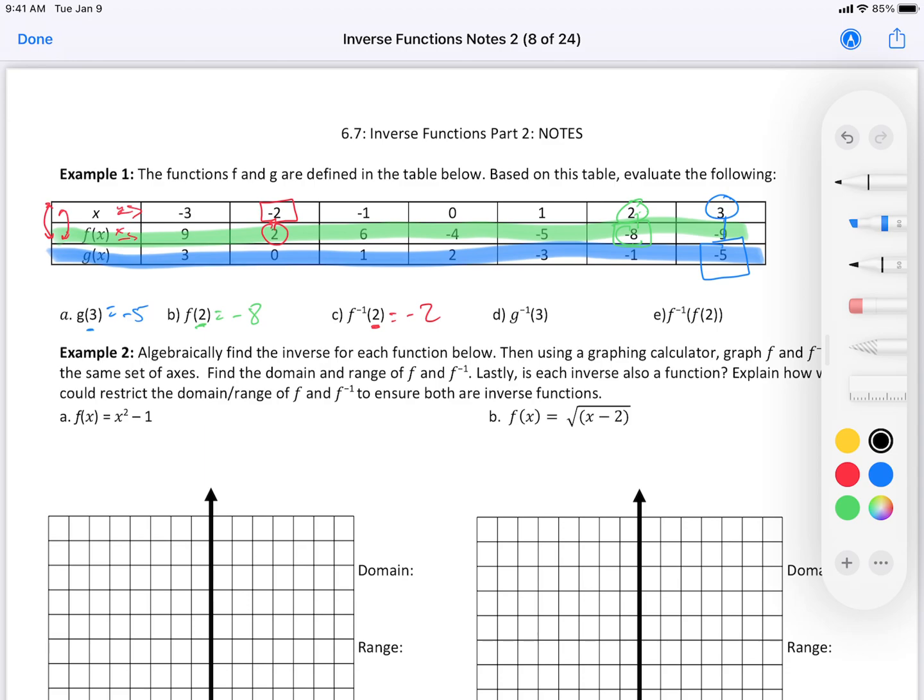Yeah, perfect, it's -3. And the reason, again, is that you read this backwards. If I go g inverse of 3, these two have switched places, and now these are my x's and these are still my y's. So now my input is 3, which means my output is -3 for the inverse.